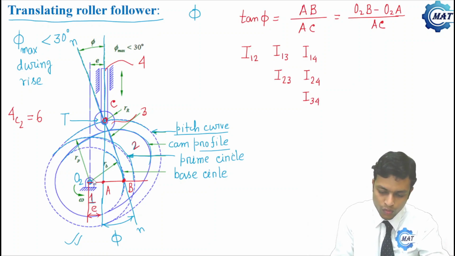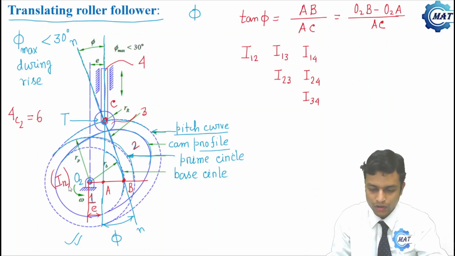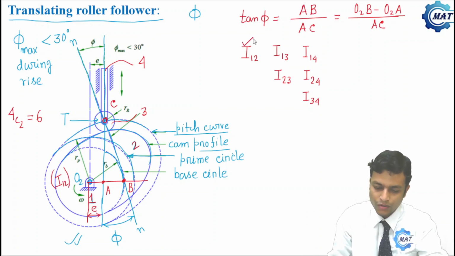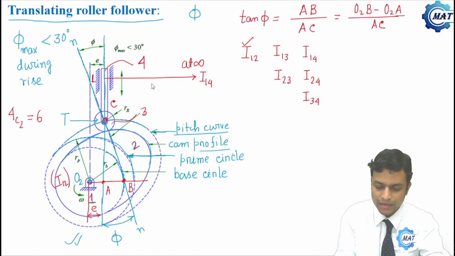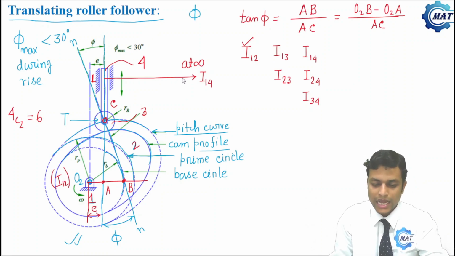Now O2 is the revolute pair which connects link 1 and 2, so O2 is nothing but I12. So we have located I12. Where is I14? The fixed link is 1 and 4 is the follower, so there is a prismatic pair between 1 and 4. For a prismatic pair, I14 will be at infinity, in the direction perpendicular to the sliding direction.